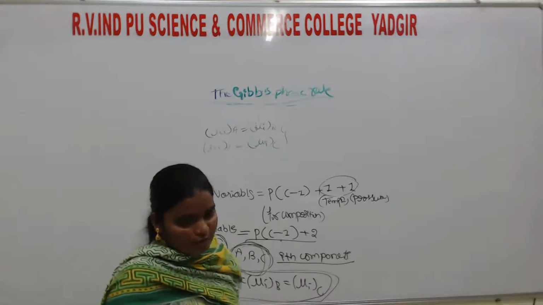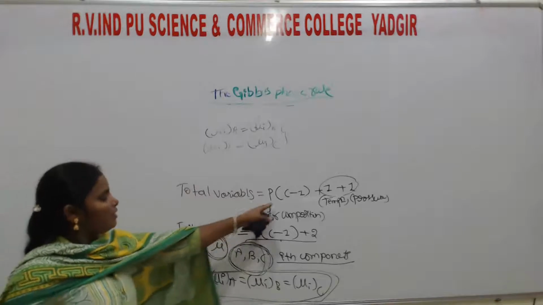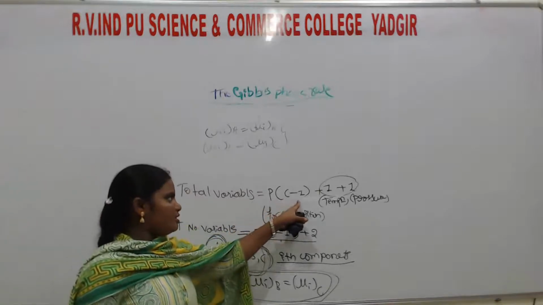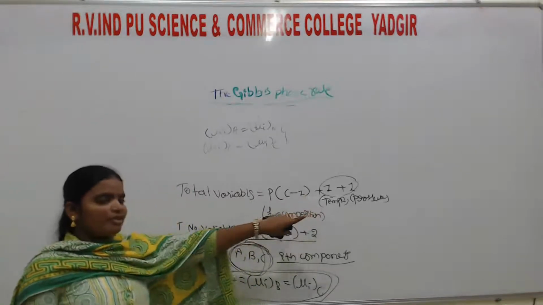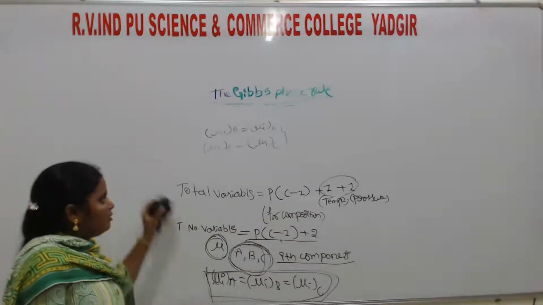And for P phases, the concentration term for the C components is C minus 1, and for P phases there is a P minus 1.